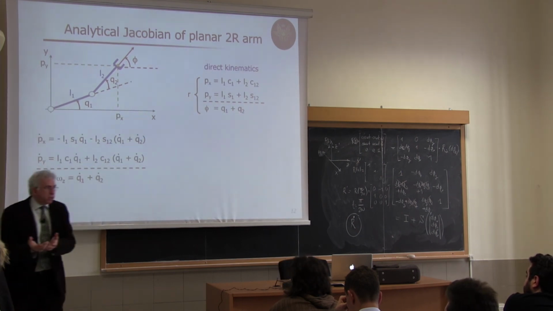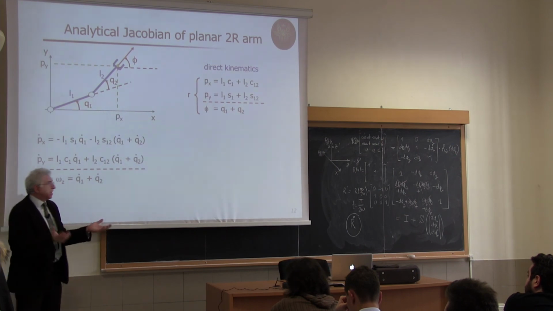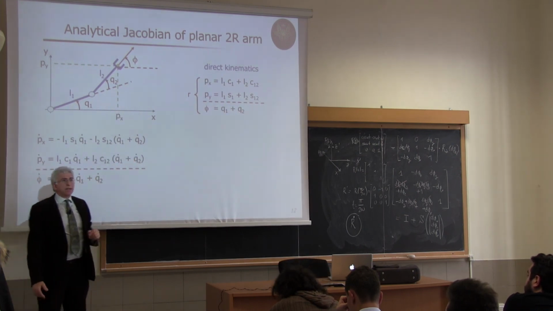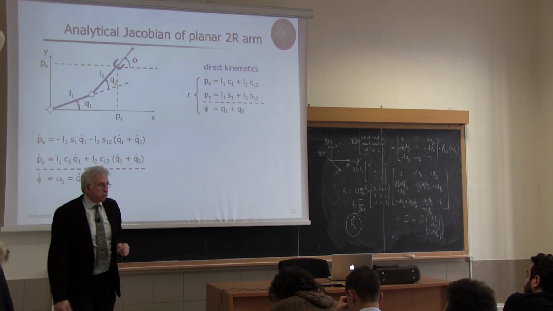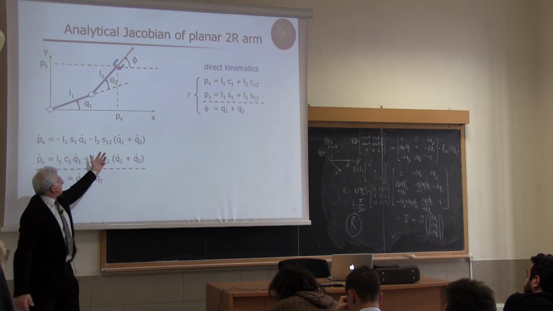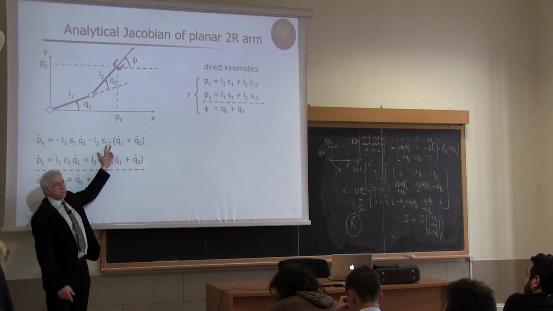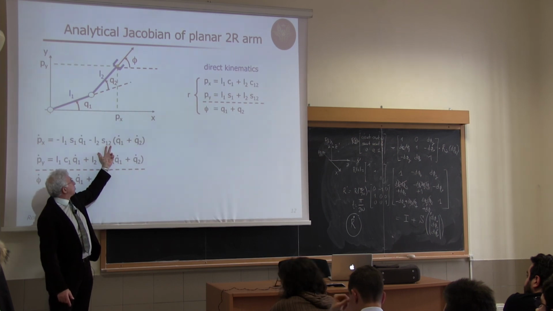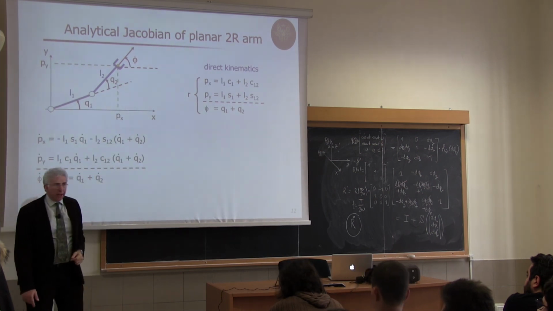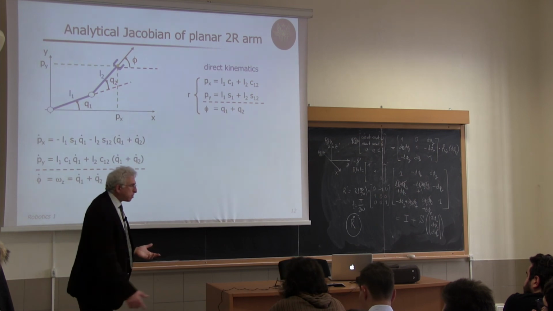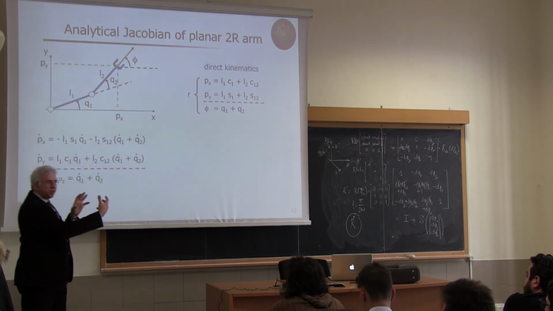The partial derivative with respect to q2, which is exactly the same, will be multiplied by the time derivative of q2. So, in fact, you can put it all together as minus S12, L2, and then the sum of the angles. Okay? So this is the mapping, but it's not in the nice form.